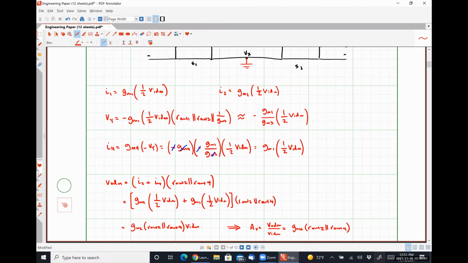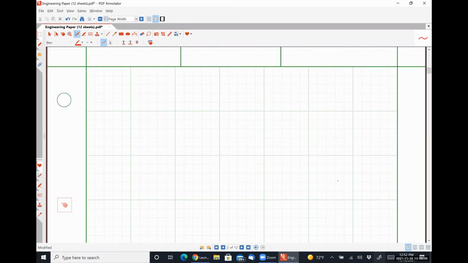All right, so how do we maximize the gain of this circuit? What design choices do we make, right? So I'm going to write down our voltage gain equation again here real quick. We know that AV in this case is GM2 times R out 2 in parallel with R out 4.